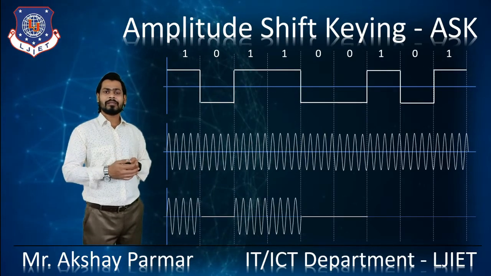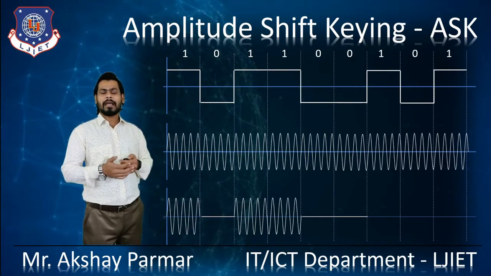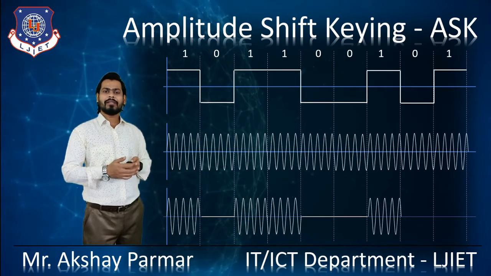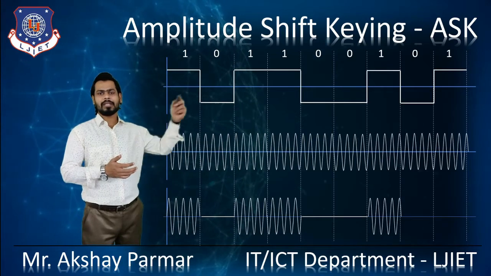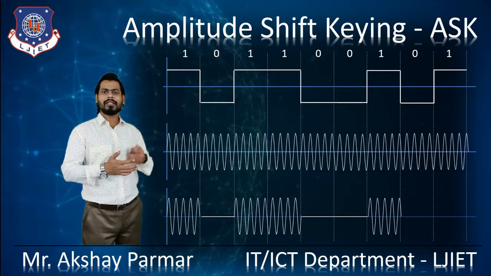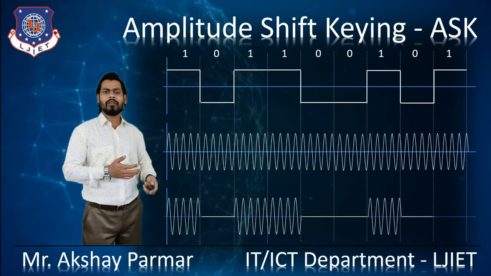After that a 1 comes, and the carrier signal remains as it is to represent bit 1. Likewise, we represent the bit sequence as an analog signal. That's how we convert digital data into analog form.